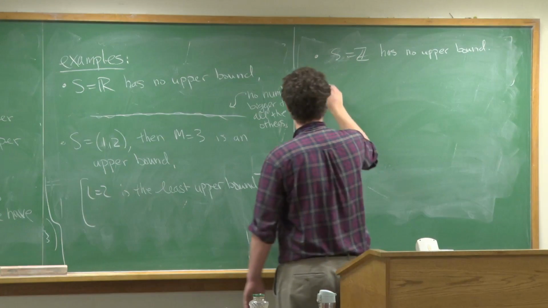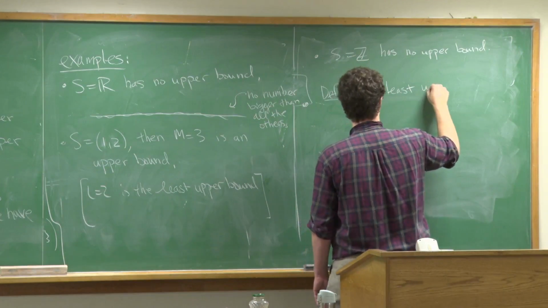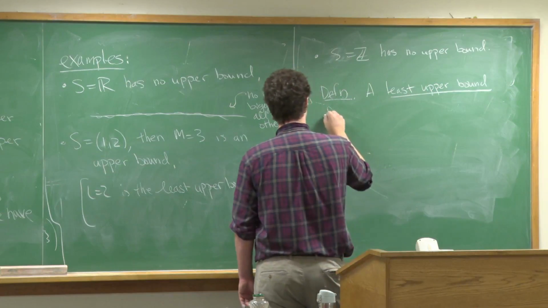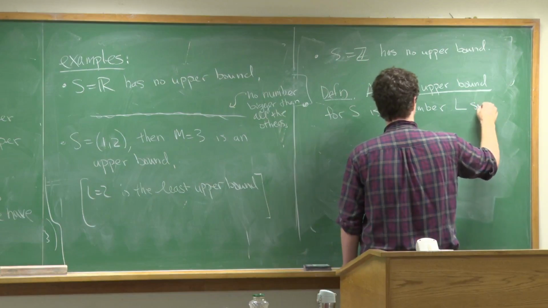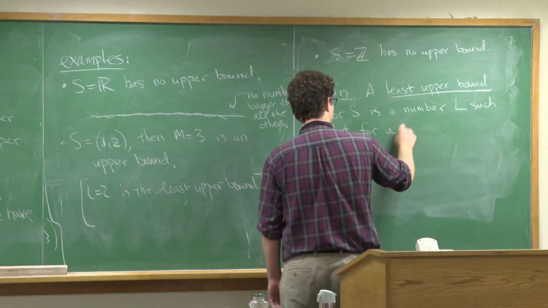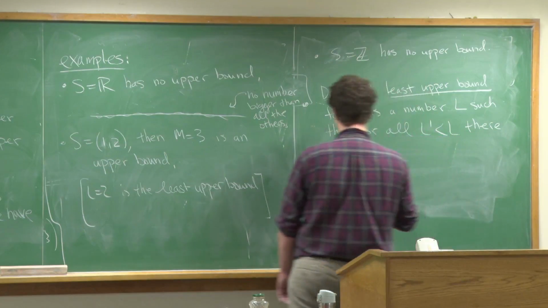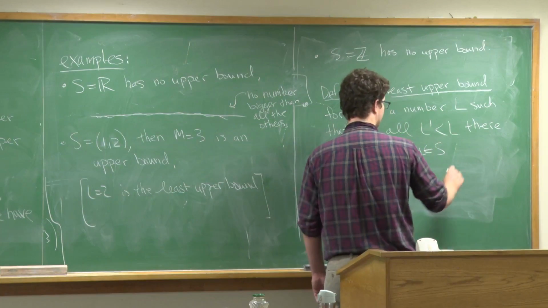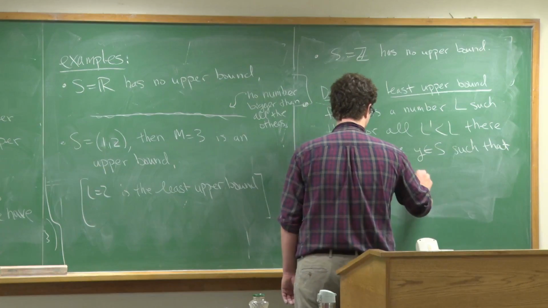All right. Let me give you a definition. A least upper bound for S is a number L such that for all L prime less than L, there exists some y in S such that L prime is less than y.